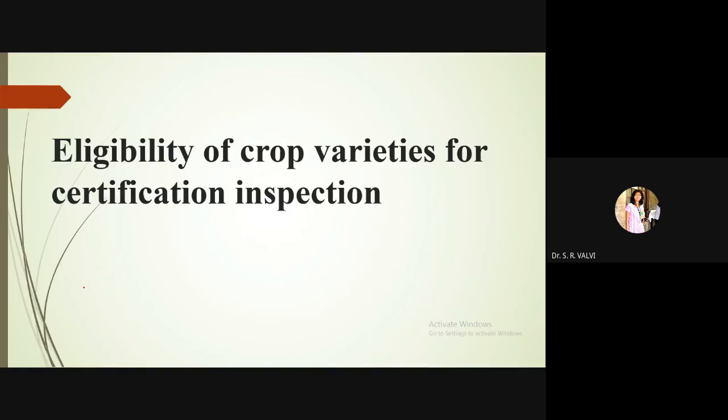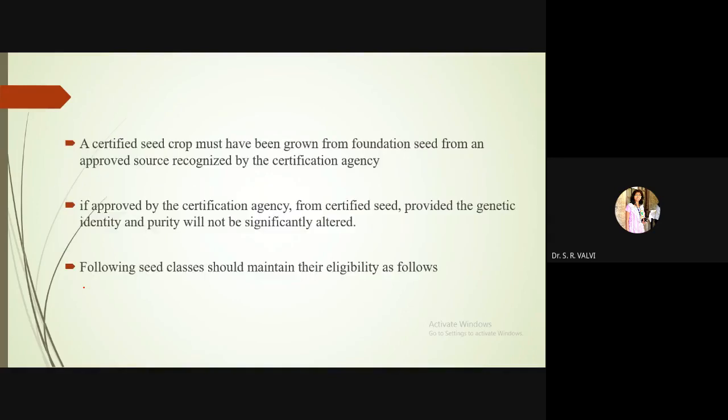So here, see what these eligibility criteria are. First, the certified seed crop must have been grown from foundation seed. Now see, in my very first lecture I gave you different types of seeds, right? What are the different types of seed I mentioned? Total five: nucleus seed, breeder seed, foundation, then certified and truthful seeds.